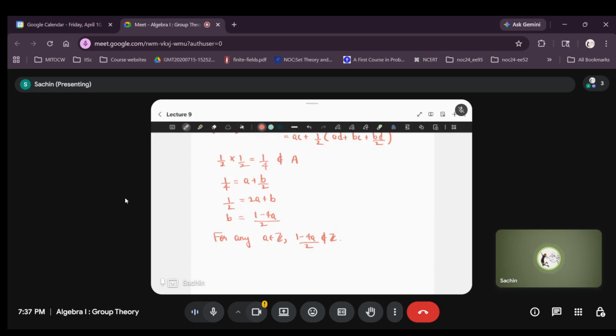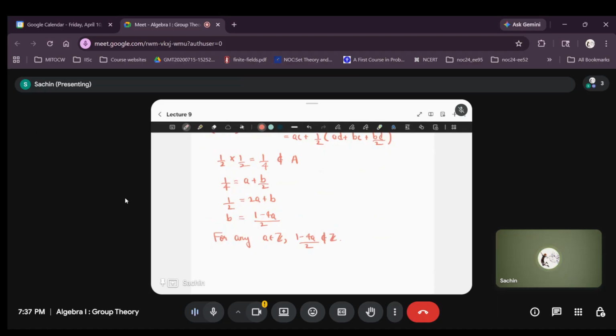So 1 minus 4A by 2 will always be a fraction, so it cannot be an integer. Therefore, 1 by 4 cannot be written in the form A plus B by 2 for any integers A and B.